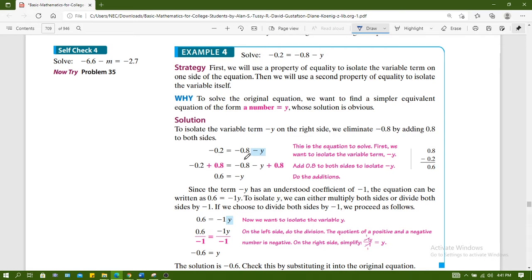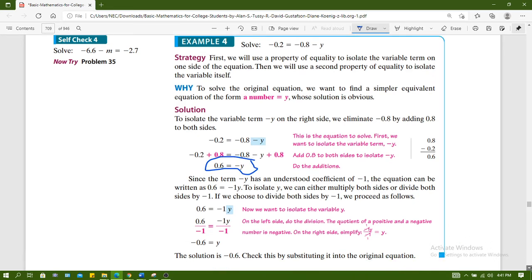So here we have negative 0.8 minus y. So we just need to take away the numeral here to retain the variable. So because this is negative 0.8, you add 0.8. So this can be cancelled out and you get negative y. And then here on the left side, you have negative 0.2 plus 0.8. So you get 0.6. Now you have negative y as 0.6.